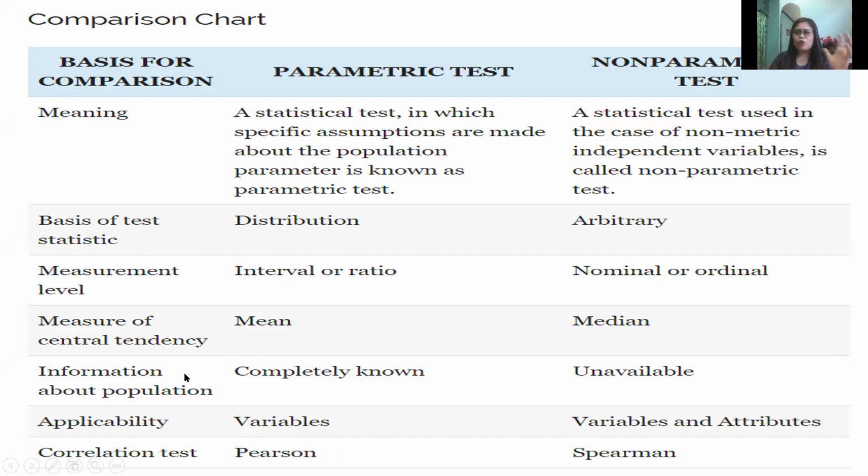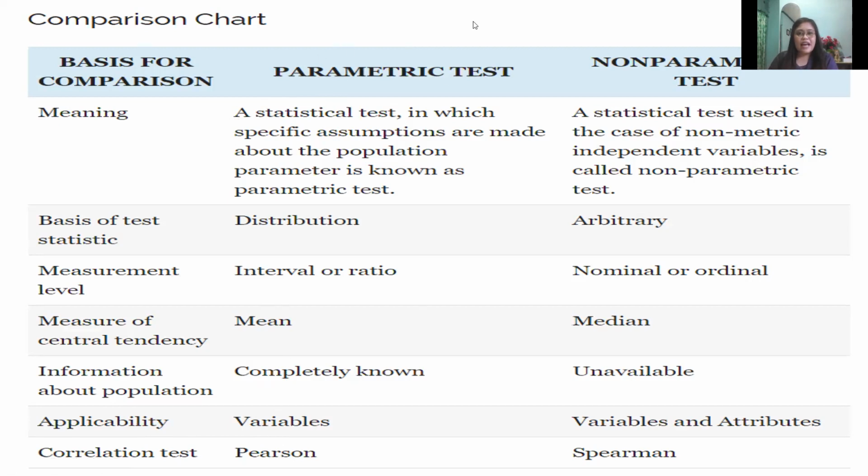So the question would be: is there a significant relationship between sex and mathematical ability? It is a correlation test. Then if our data is normally distributed, we will be using the Pearson test.